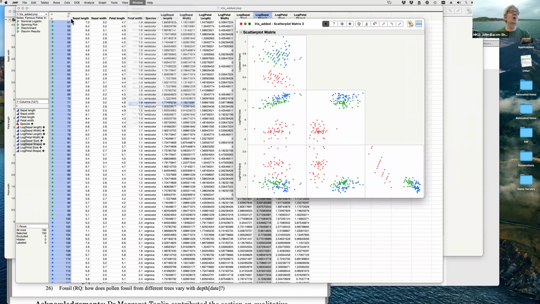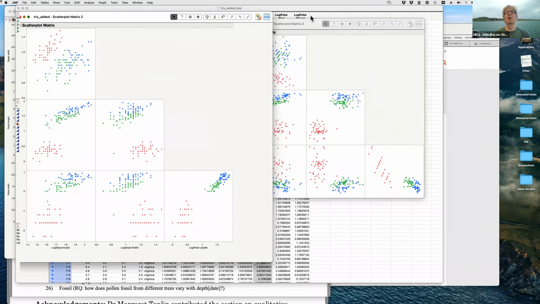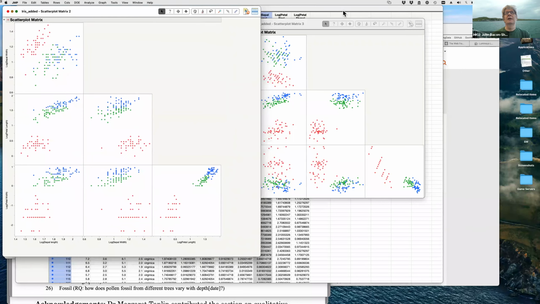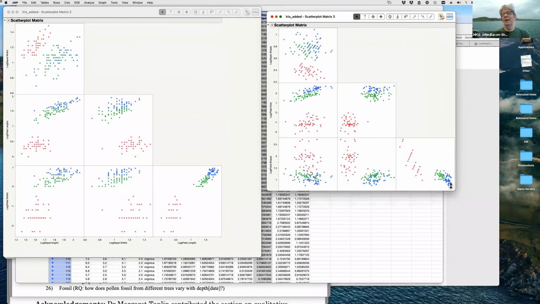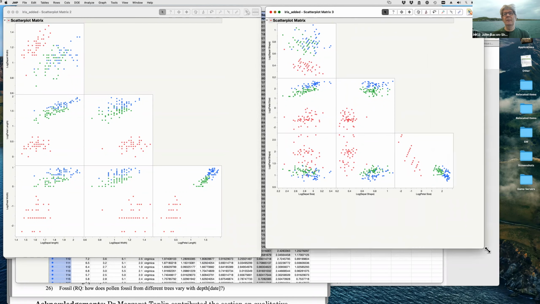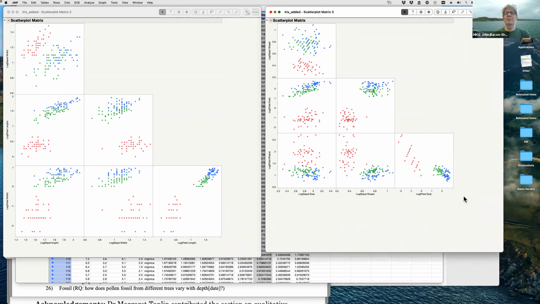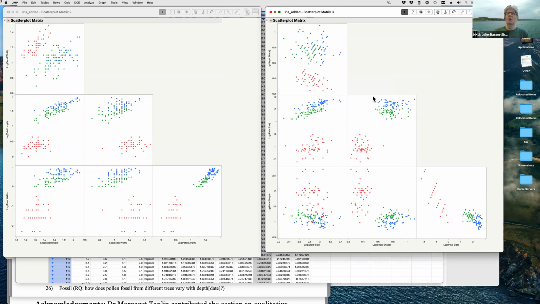Okay, so let's compare this one to the previous one. This is my one, which is just the log of the length and width, whereas this one now, I'm looking at additions and subtractions. If we look at this, this is sepal size and shape. This is petal size versus sepal size.